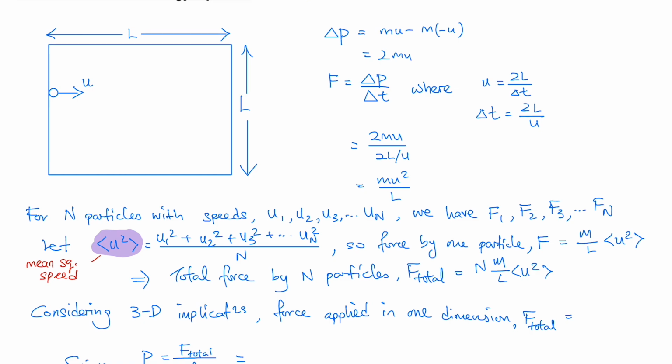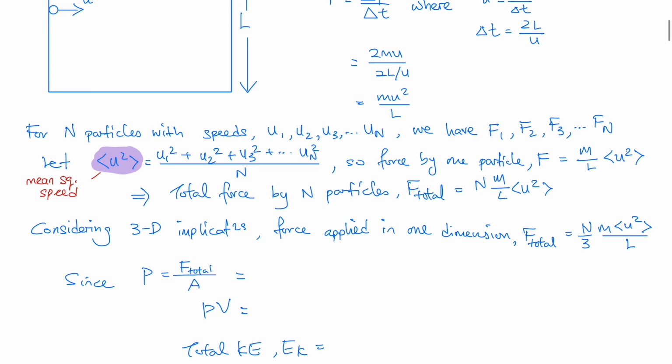If I have a 3-dimensional system, the force applied in 1 dimension would then have to be averaged out in 3 dimensions, which is 1/3. So in 1 dimension, the force would be n over 3, m mean square speed divided by L.